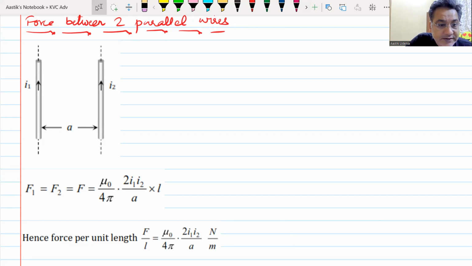Now if I put the value of I1 and I2 as 1 ampere and the distance as 1 meter, how much will the force become?